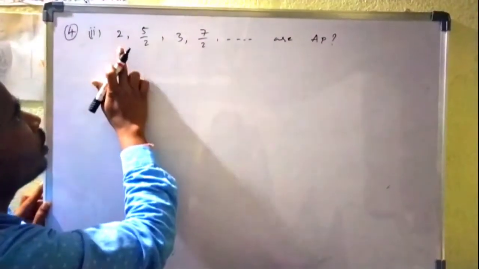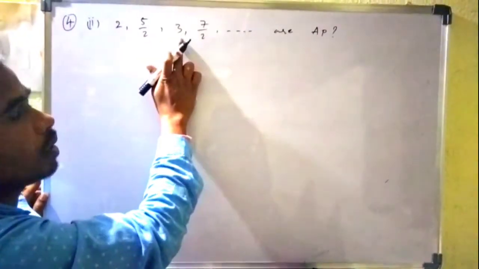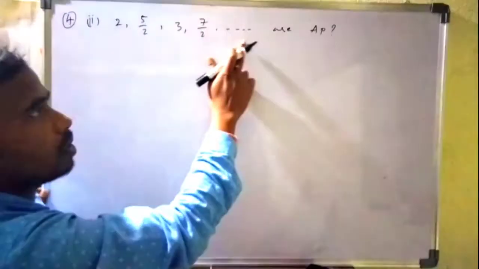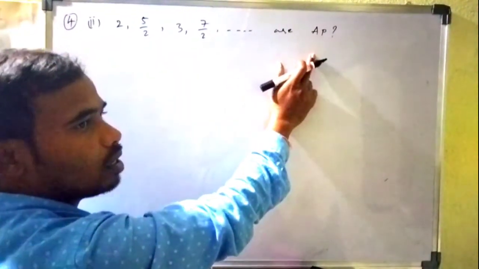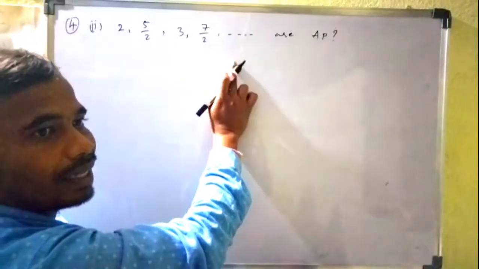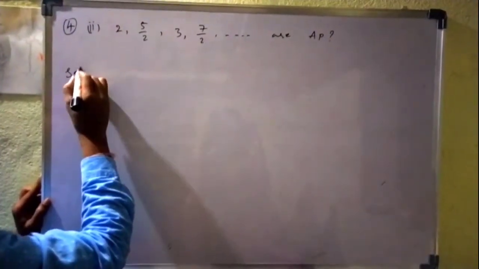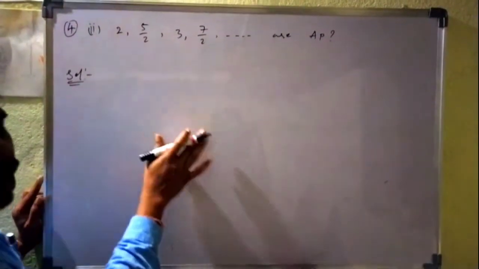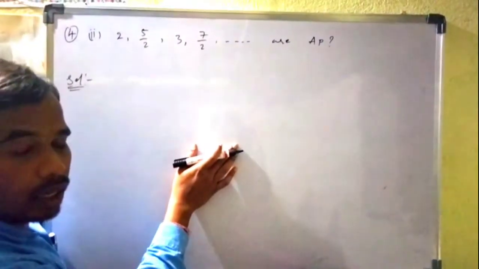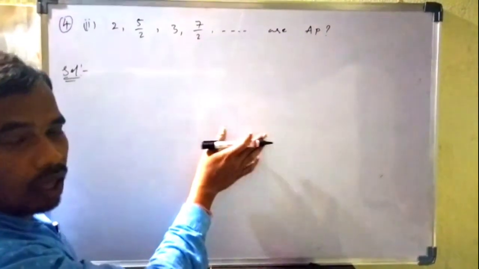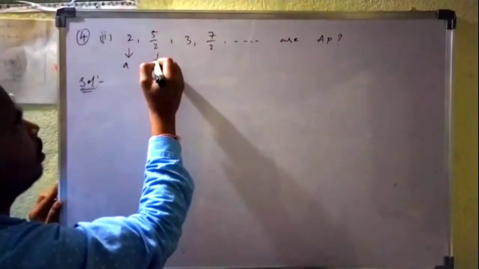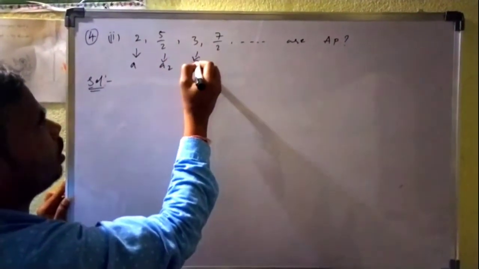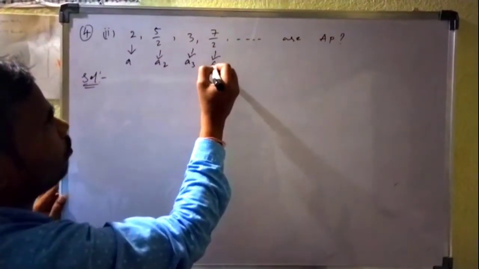Now the second question: 2, 5/2, 3, 7/2, and so on are in arithmetic progression. If it is an arithmetic progression, find the next 3 terms. So first we find whether the common difference is equal; if so, it is an arithmetic progression, otherwise not. So this is the a1 term, this is the a2 term, this is the a3 term, this is the a4 term.